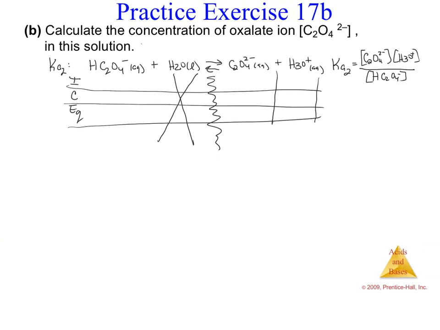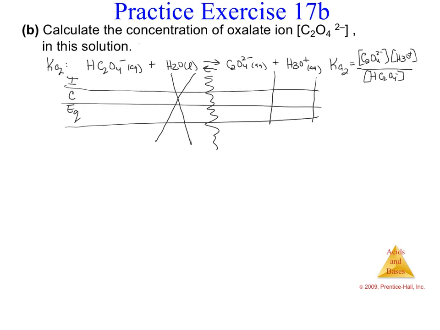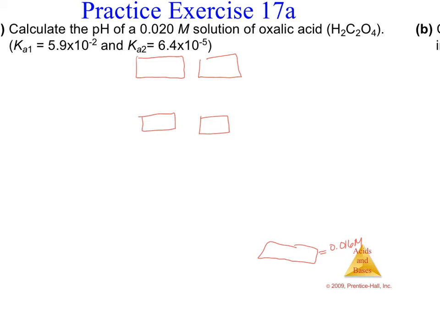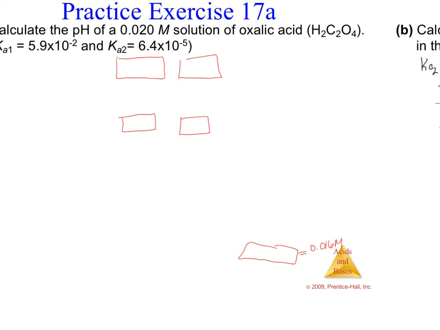So now we're going to take that value and put it into our initial row for HC2O4 minus and H3O plus. Initially, again, I got those values from my icebox 1, the values of X, 0.016 molar.